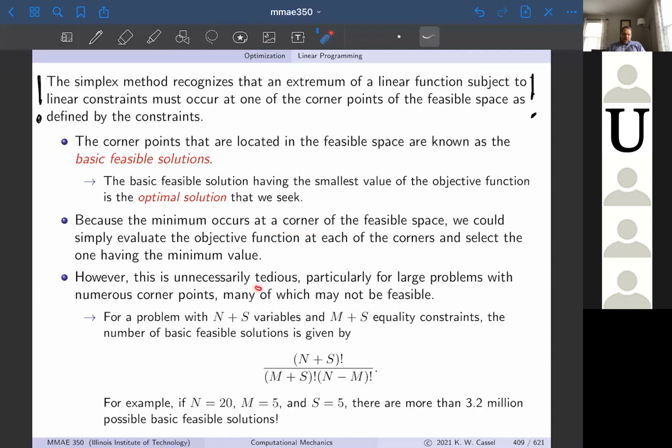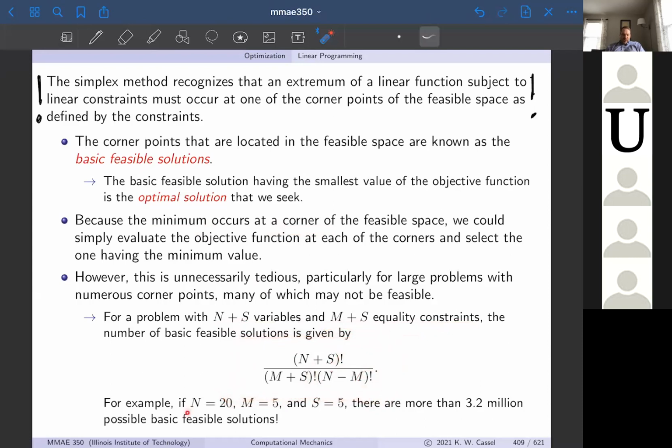All right. This can get pretty out of hand pretty quickly, as I said, very tedious. Here, I'm not going to derive this, but this is the number of possible basic feasible solutions. In other words, this is the number of vertices or corners in my feasible space. If I have n plus s variables and m plus s equality constraints, this is the number, and these exclamation points, of course, are factorials. So this is the number of possible points that I would need to check in a brute force way, unless you think, well, that can't be so bad.